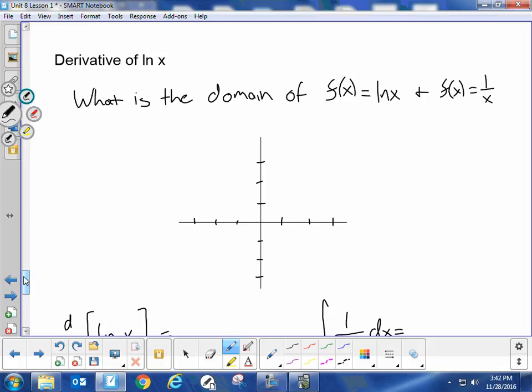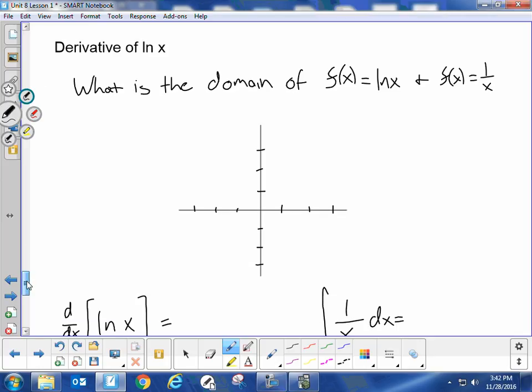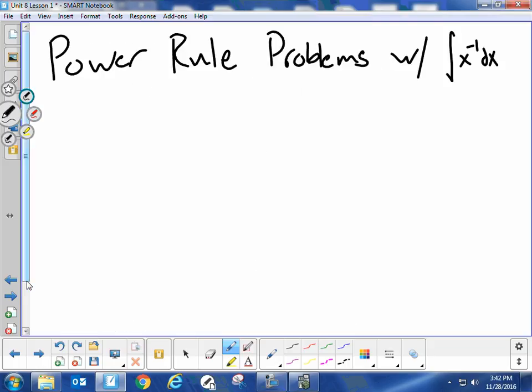All right. Now let's talk about log and its antiderivative. Well, not really the log, the antiderivative of log. The antiderivative is something else. Before we talk about it, let's talk about the power rule problems with the antiderivative of x to the negative first.